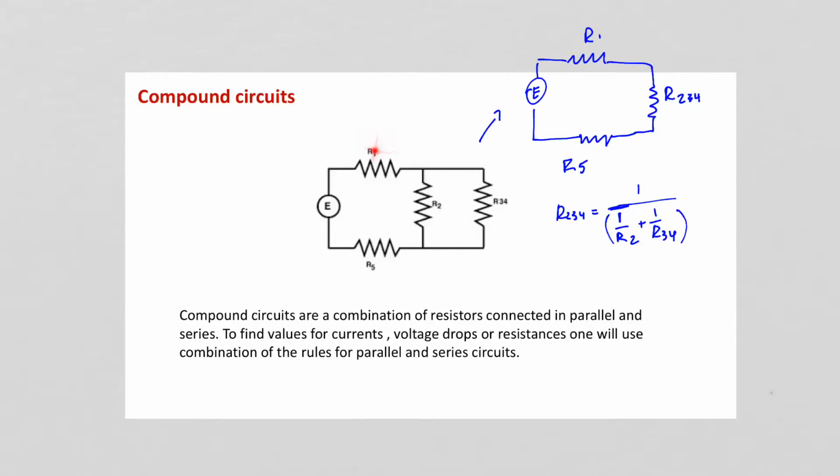So the resistors R1 and R5 are connected in series to the power source, and then resistors R2 and R34 form a parallel branch in that circuit.